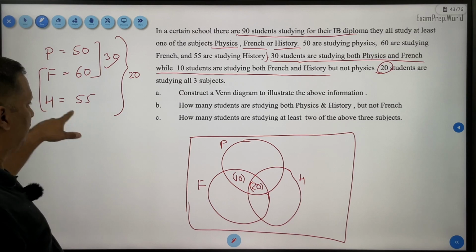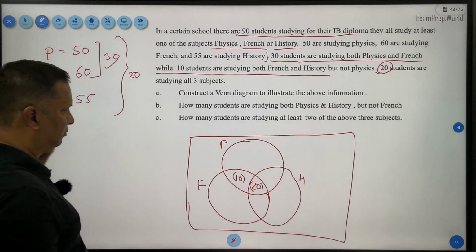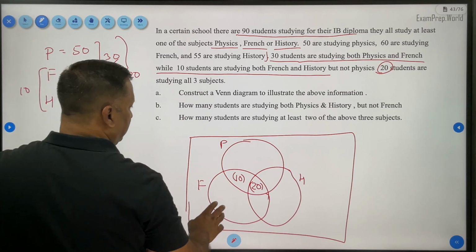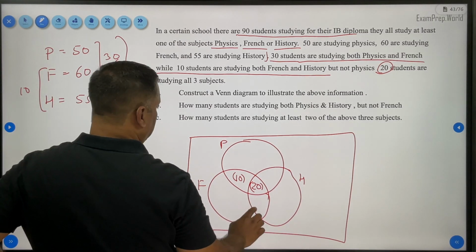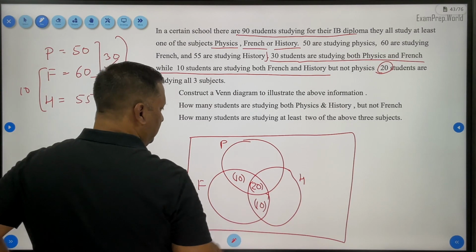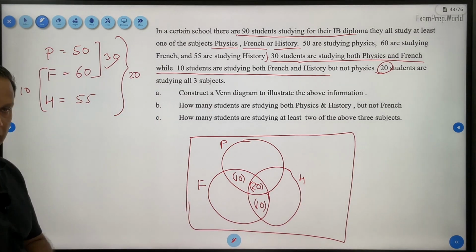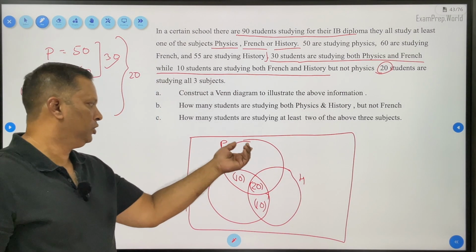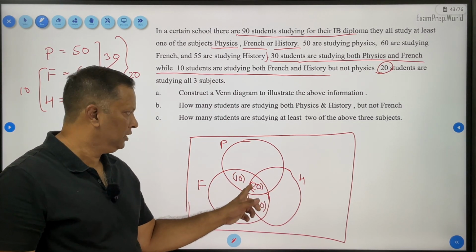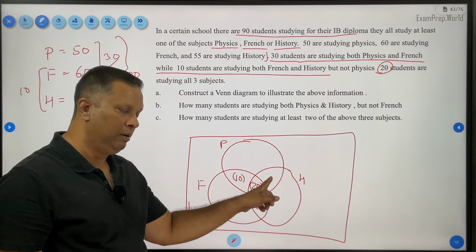French and history is 10, but they are not studying physics, so the 20 is excluded, and we get this number here. There is no one common between physics and history, other than this 20, so this area will be empty.